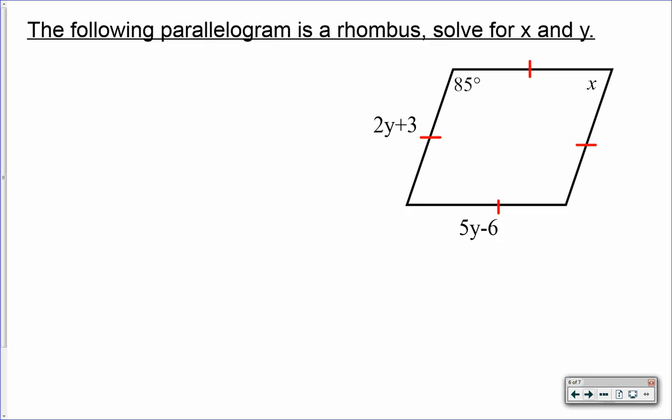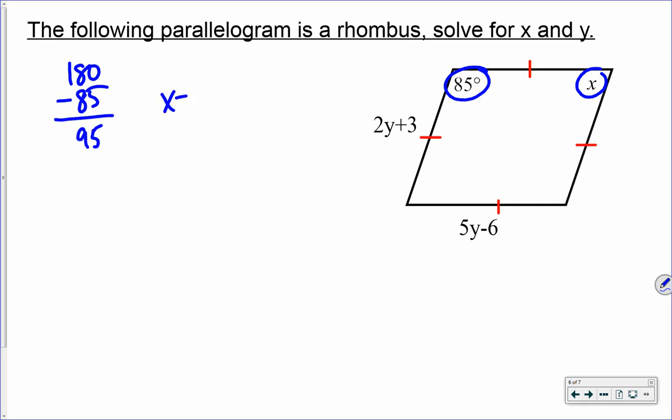The following parallelogram is a rhombus. Solve for x and y. So we have a rhombus, all the sides are equal, and so let's solve for x and y. Well, x is right here, this angle, and then we have 85 degrees. Well, we know that angles that are side by side or consecutive are 180 degrees, or supplementary. So we can say 180 minus 85, and that will give us 95.